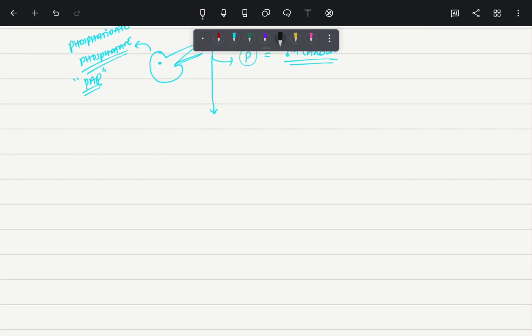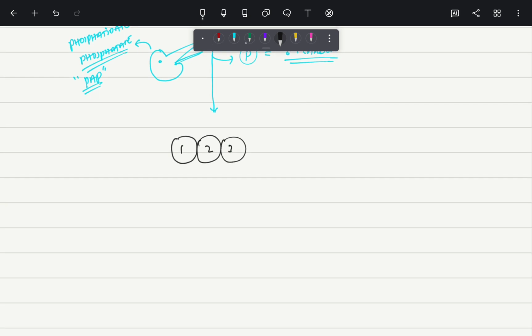So what will be the final product? Once again, this is the first carbon, this is the second carbon, and this is the third carbon, 1, 2, 3. On the first carbon we have the acyl group, on the second carbon we have the acyl group, and on the third carbon we were having a phosphate group, but this phosphate was removed. So what is the newly formed compound?